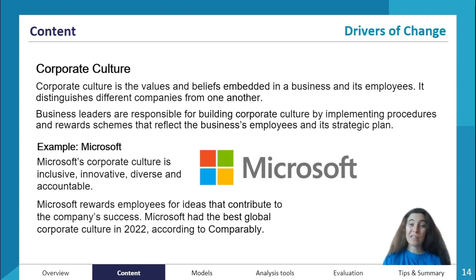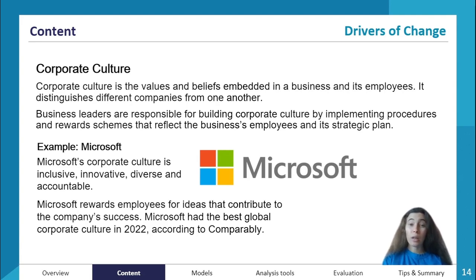So business leaders are responsible for building corporate culture, so they need to implement different reward schemes, procedures, and things like that that are going to reflect the employees in the business and the strategic plan for the way that that business operates and where it's headed as well.